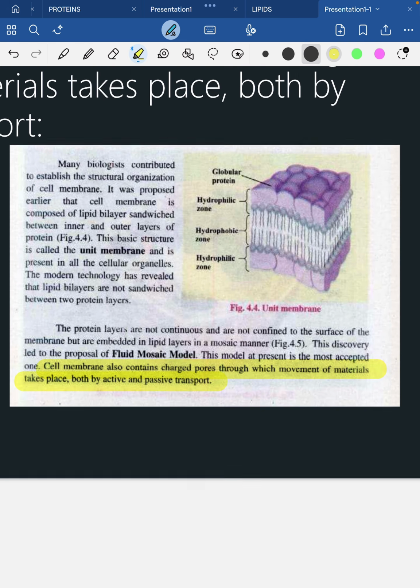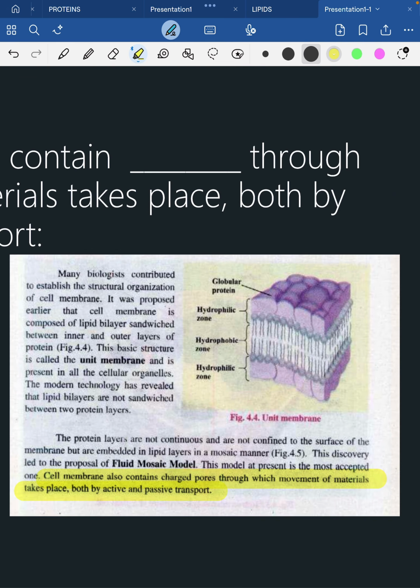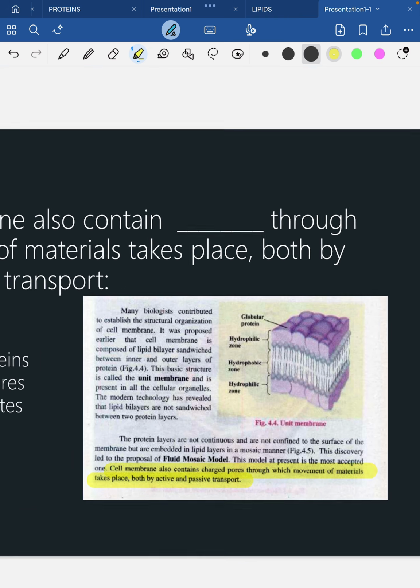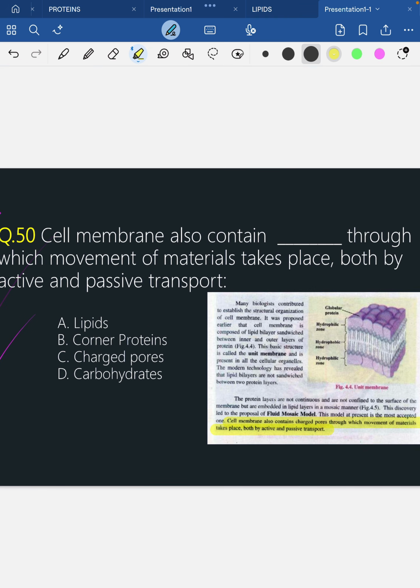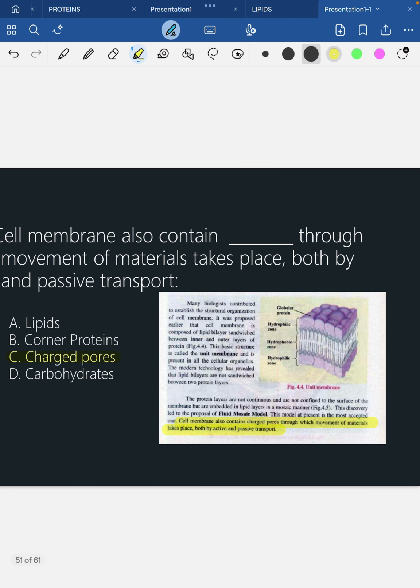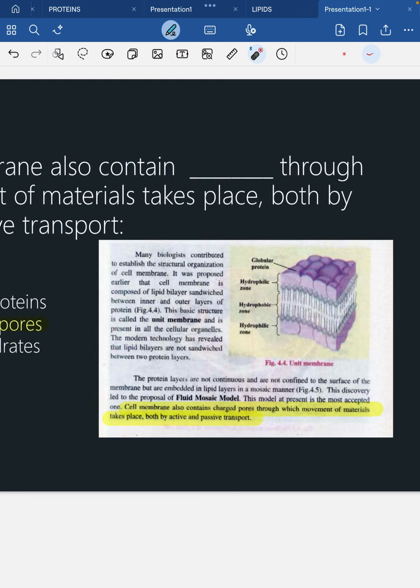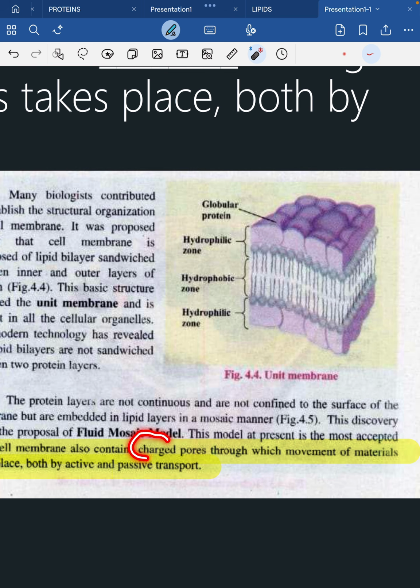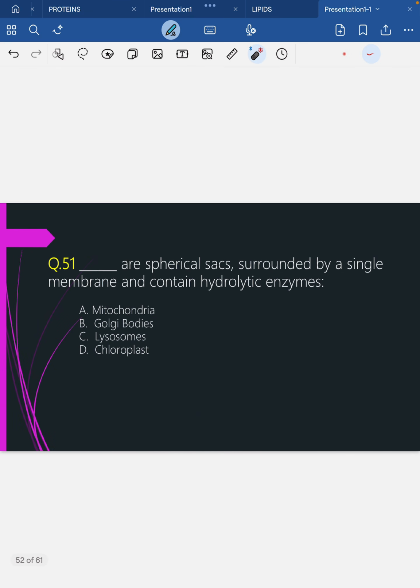So here the answer will be charged pores. According to this line, I am highlighting the words charged pores. Done. Okay.